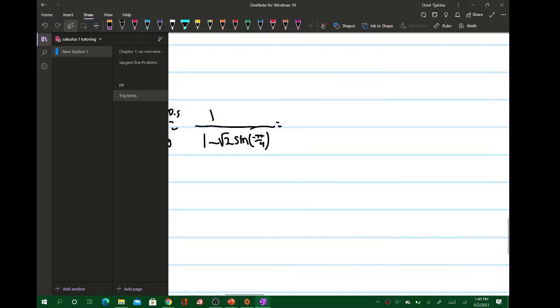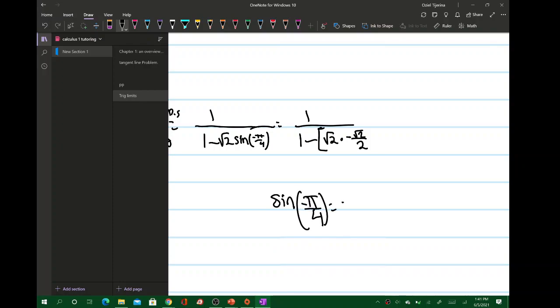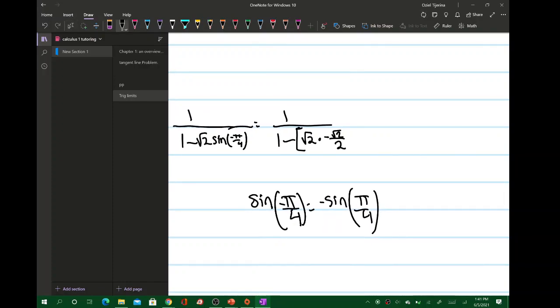Sine of negative pi over 4 is negative square root of 2 over 2, because remember that identity, sine of negative x equals negative sine of x.